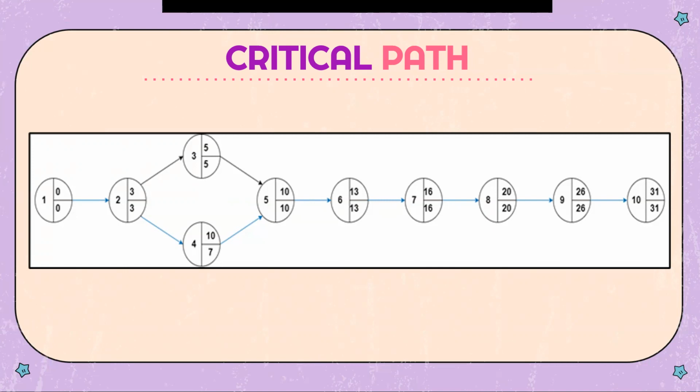At node 4, the ET value is 10 and the LT value is 7. Because the critical path takes the longest path, the chosen node is node 4. Nodes on the critical path are 1, 2, 4, 5, 6, 7, 8, and 9. Nodes on the critical path have a longer time than nodes that do not.